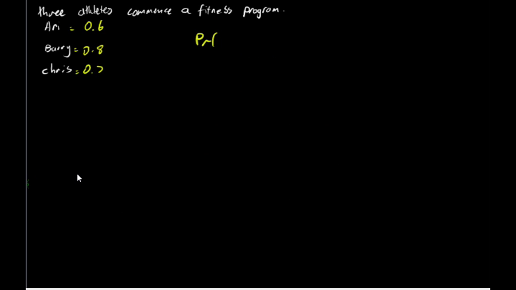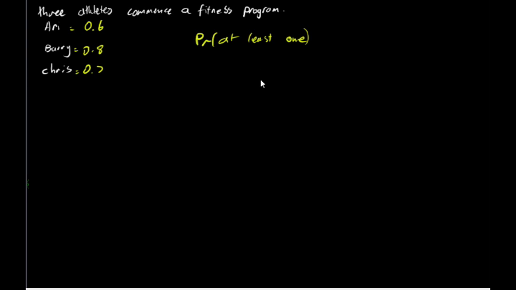And the final one, we just need to work out the probability that at least one of the three sticks to the program. At least one sticks to the program. So the event that at least one of the three sticks is the complement of the event that no one sticks to the program.